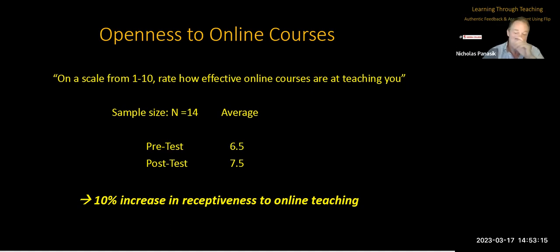This was for an online course. In the pre-test, they said 6.5. By the end of the course, it had increased by 10%. I know some students are kind of iffy on the online thing, but this is at least suggestive that maybe they had a good experience and are more open to online teaching.